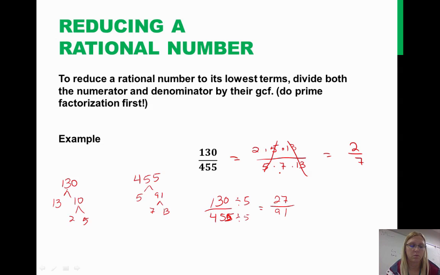I'm going to double check that. 130 divided by 5. Sorry, 26. Okay? And notice that 13 goes into both of these, so I can divide by 13 now. And that ends up being 2/7. So either way you could do this. Sometimes it's easier to use the prime factorization though.